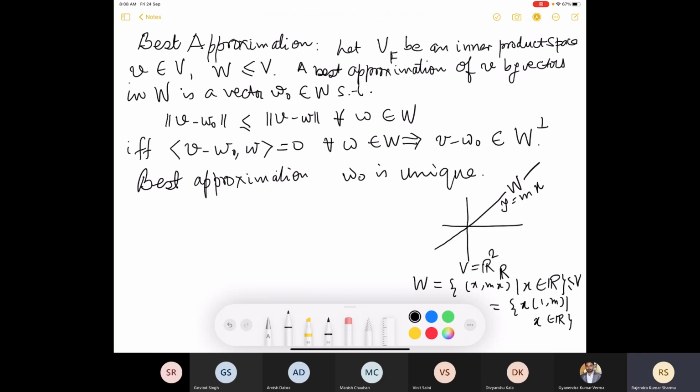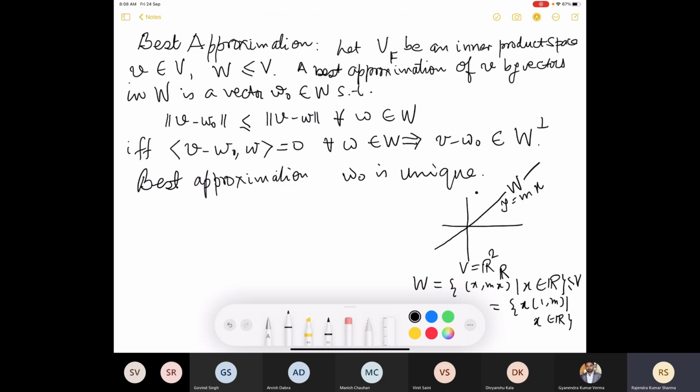And suppose V is any vector here, from here to here, with the coordinates, say, (1, y1). Then the distance of this from every vector is minimum.